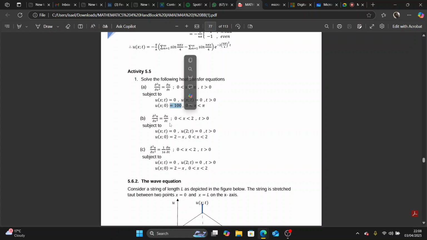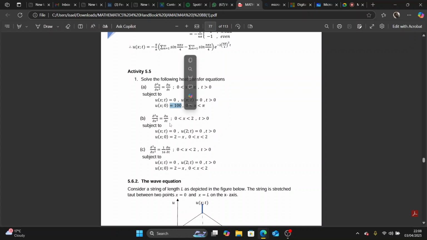Let me open it. You mean on the heat equation? Can you see my screen? Where it's highlighted in blue, what do we see there? 100. It means what? Will you have integration by parts here? Never, because it's a constant.